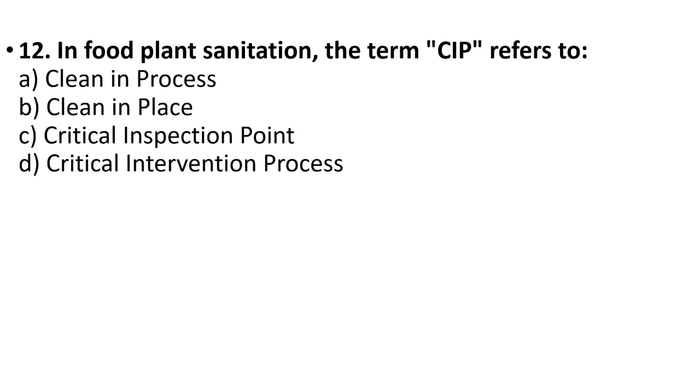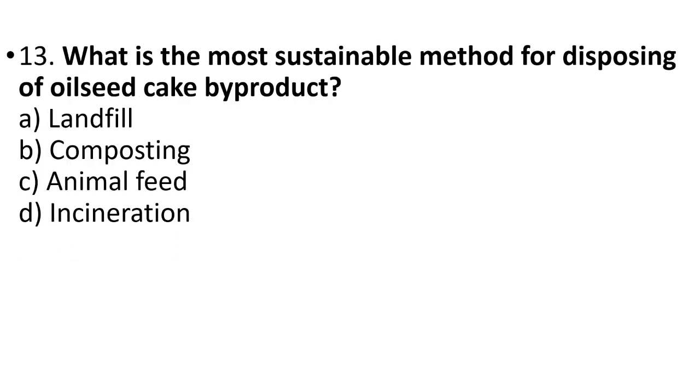12th question. In food plant sanitation, the term CIP refers to clean in process, clean in place, critical inspection point, critical intervention process. Your answer is option B, clean in place. 13th question. What is the most sustainable method for disposing of oilseed cake byproduct? Landfill, composting, animal feed, incineration.